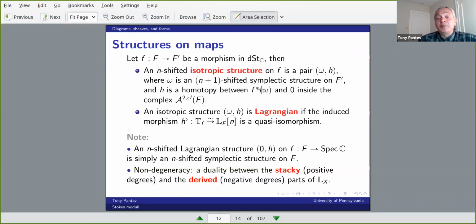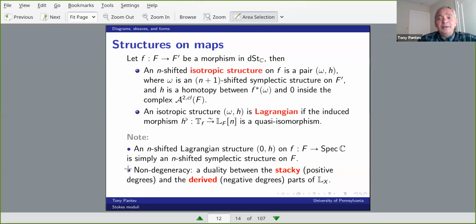And the isotropic structure is Lagrangian in the usual way if it satisfies a non-degeneracy condition, which means that when you contract with it, the relative tangent complex of the map becomes identified with the shifted cotangent complex of the source. So that's like the usual statement that something is Lagrangian if its normal bundle is isomorphic to its cotangent bundle by the contraction with the symplectic form.